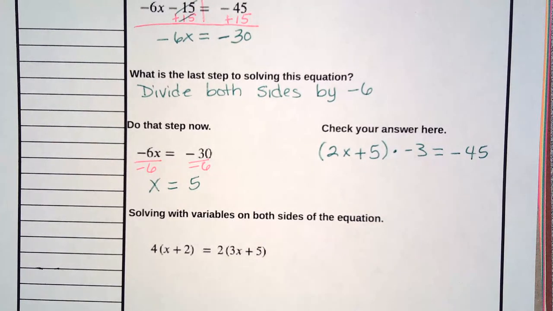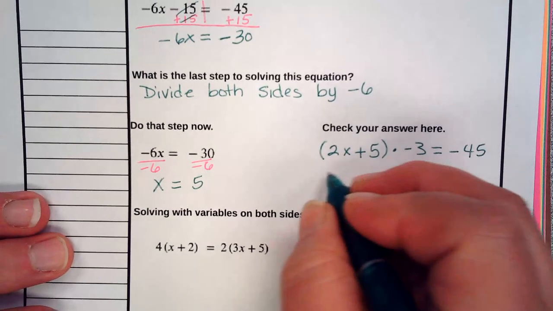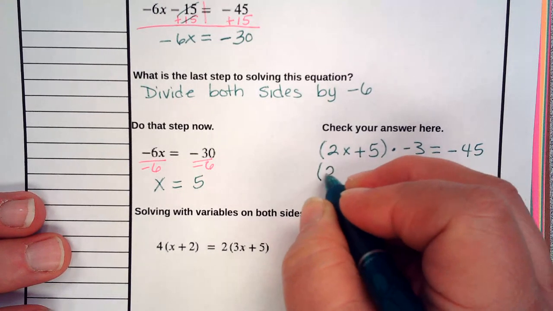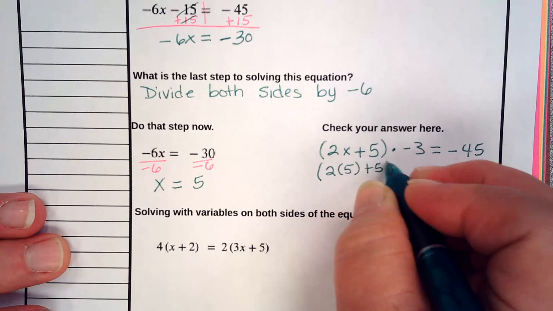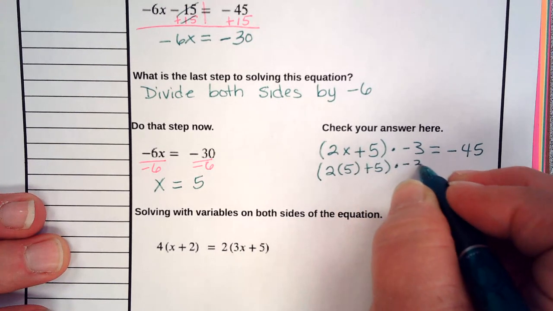Now, how do I check? I substitute my x value back in. So this becomes, in parentheses, 2 times 5 plus 5 times -3.